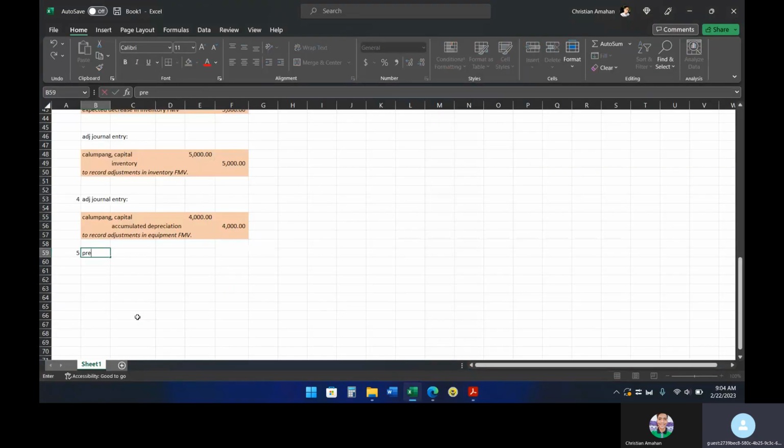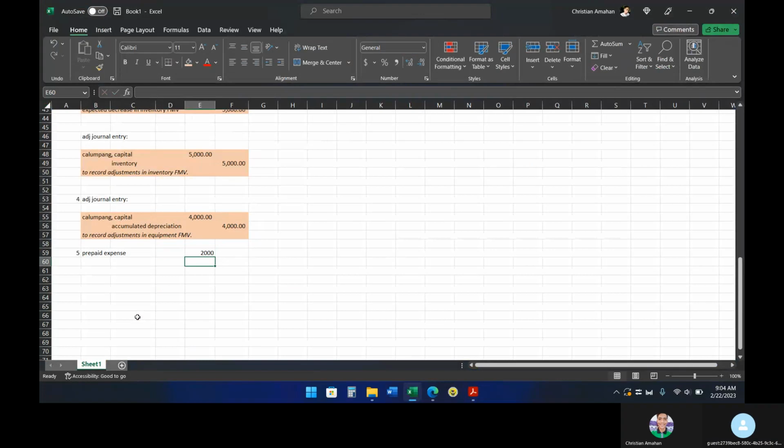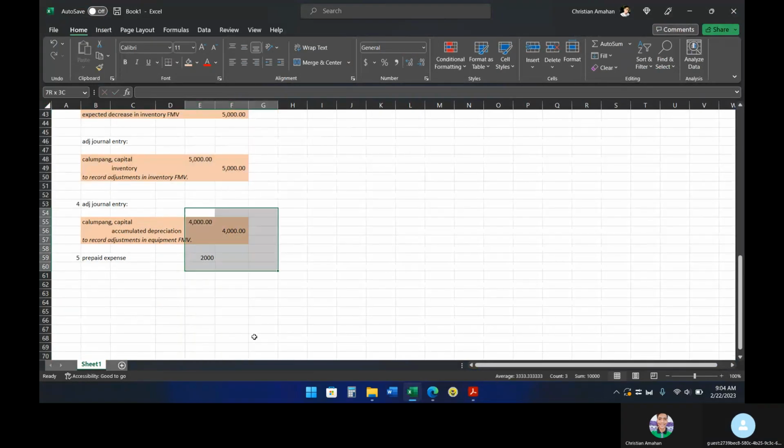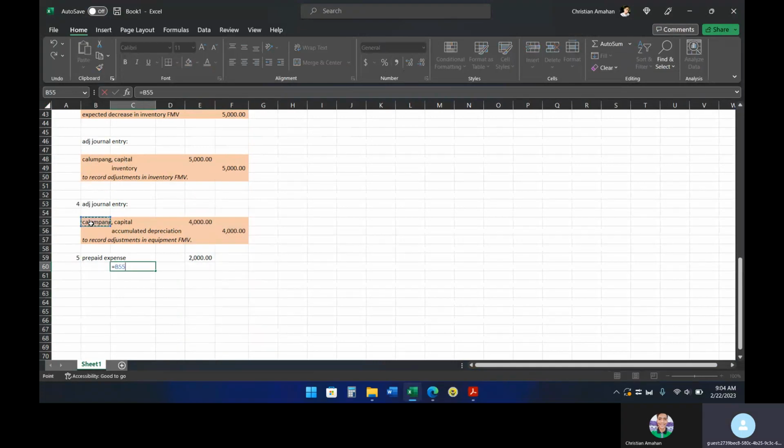So first we record the debit to prepaid expense in the amount of 2,000 pesos. And then of course, we credit Kalumpang Capital for the pair. To record, to recognize prepaid expense.